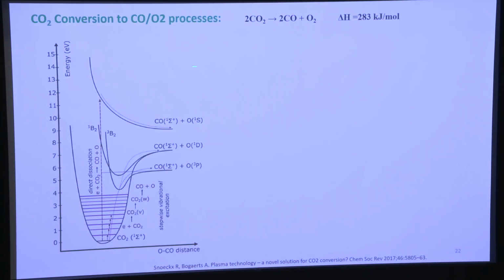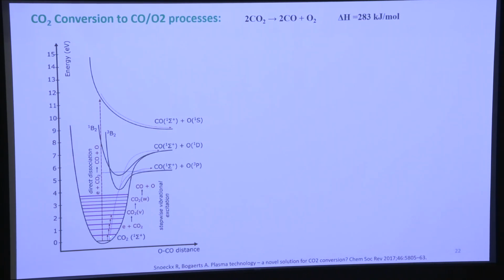So if you're looking first at the same example, CO2 conversion to CO. This is one of the major research efforts pursued in European countries using plasma. So if you're looking at a CO2 energy diagram, they have the ground state, you have a lot of vibration.